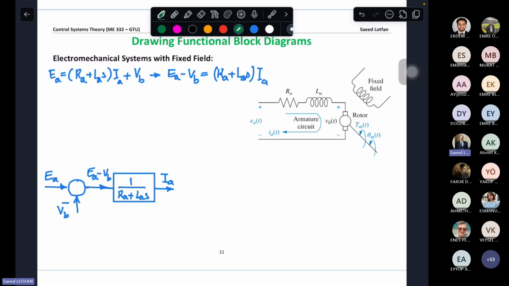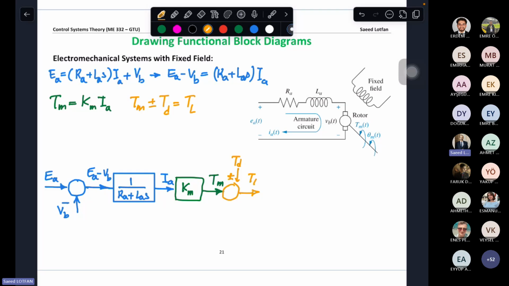The green equation: Tm equals Km IA. So this IA multiplied by Km gives me Tm. Then I can also say that Tm plus minus T disturbance is the load, so plus minus disturbance is TL.